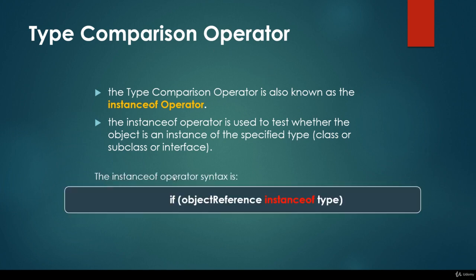The instanceof operator syntax is that we have to check whether the object reference is an instance of a given type, and the return value can be true or false. So we can use this instanceof operator in order to test whether the object is an instance of a given type, whether it is a class, a subclass, or an interface. This is what we are going to talk about in the coming lectures on a one-by-one basis.